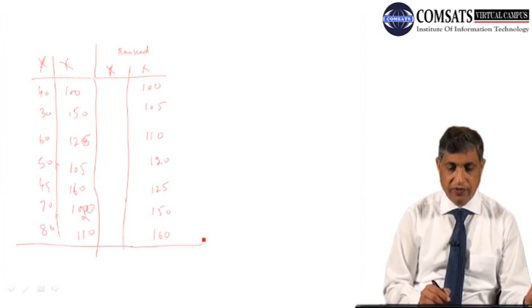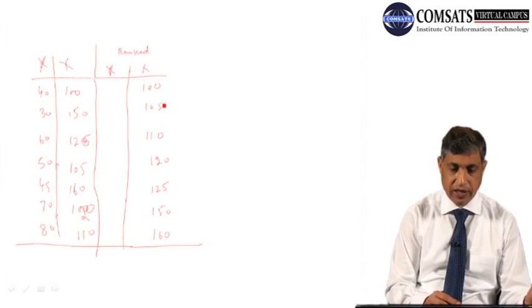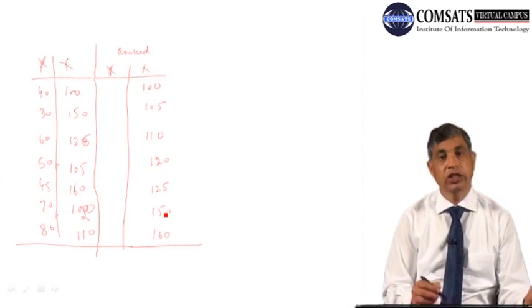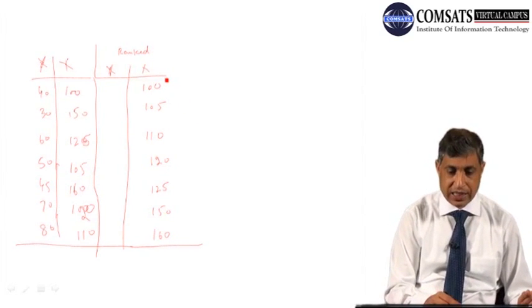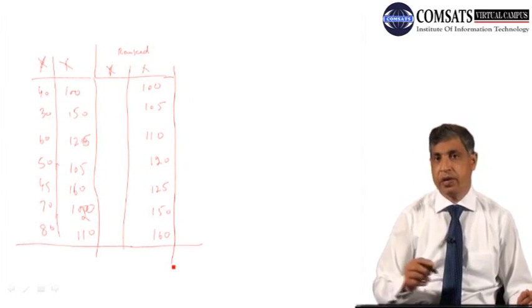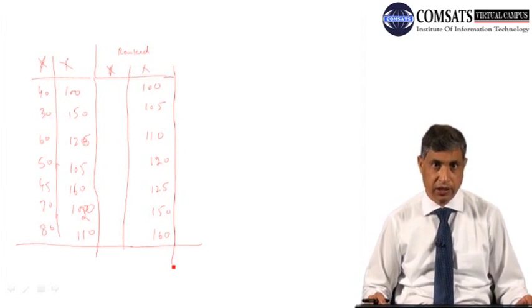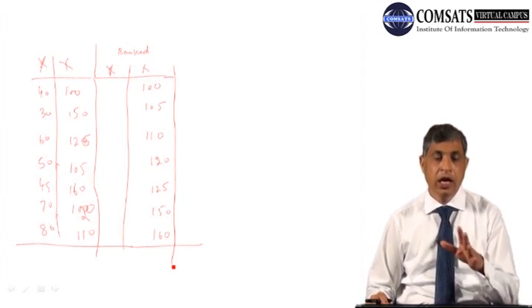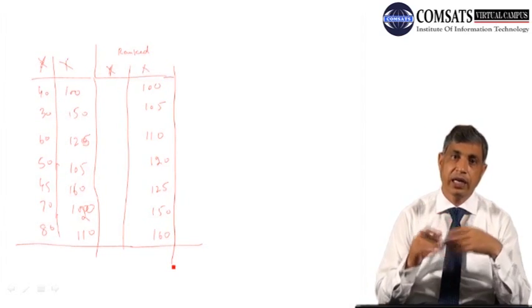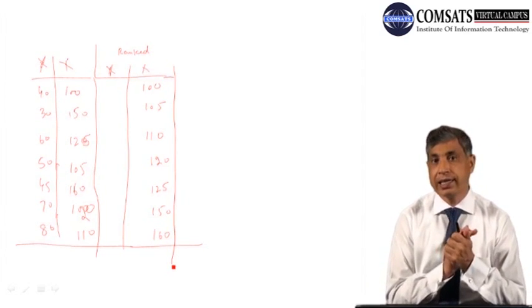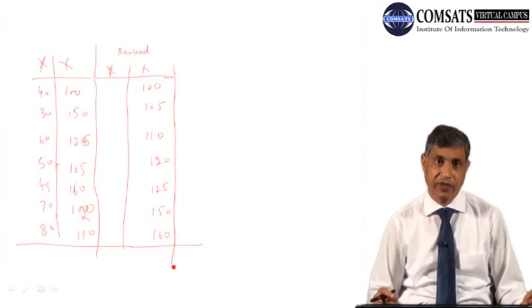Now I have ranked the values; let me count, these are the 7 values. This Goldfeld-Quandt test is a very, very important test and very useful in detecting heteroscedasticity. Now I have arranged the values of x in ascending order.